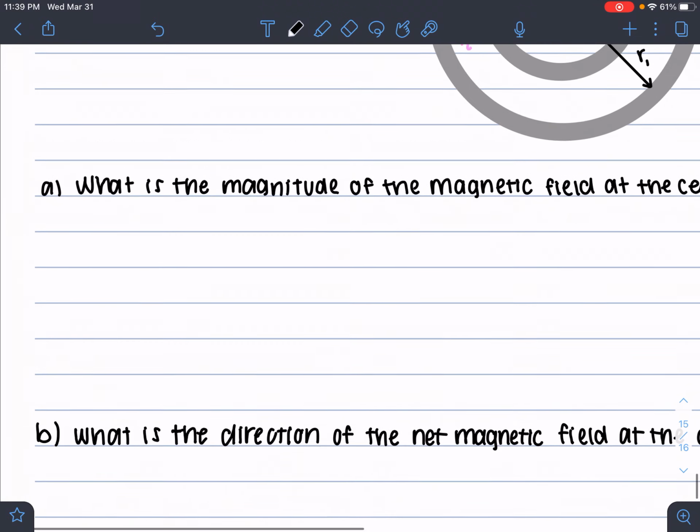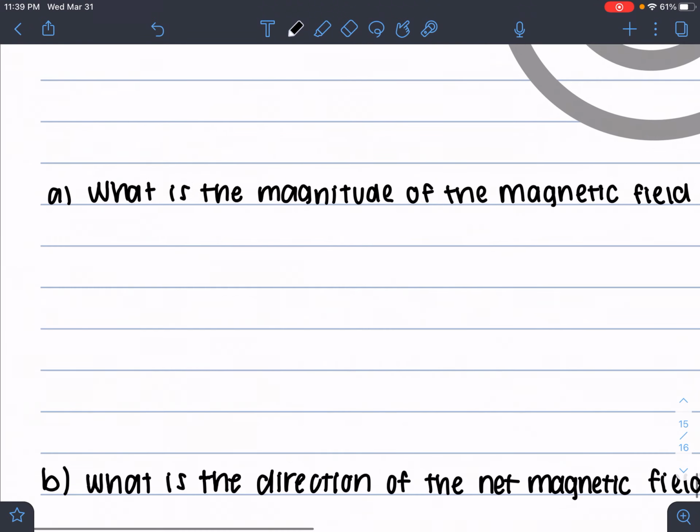So first I just have the magnetic field is equal to I1 minus I2, and then I have magnetic field is equal to mu naught I1 over 4 pi r times theta.